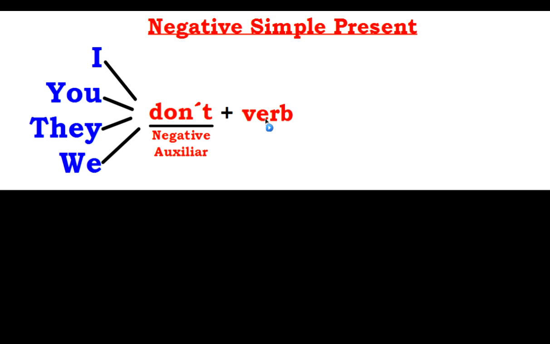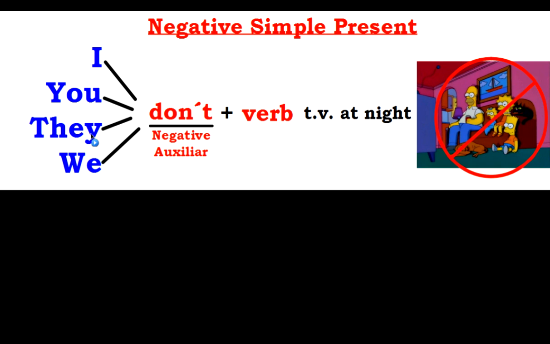Don't and the verb is the negative simple form. For example, they don't watch TV at night. The negative don't and the normal verb watch. Don't watch.